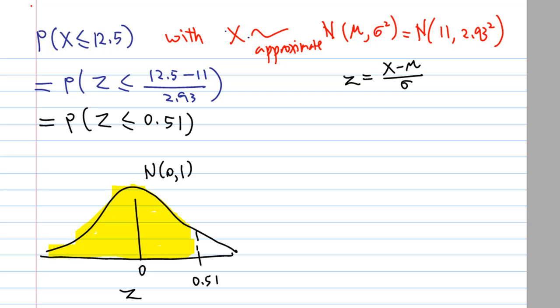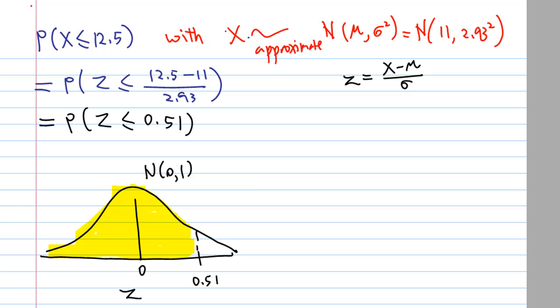Let's use the normal approximation now. So if mu is 11 and sigma is 2.93, the probability of x less than or equal to 12.5 is equal to the probability of z less than (12.5 minus 11) over 2.93, where z equals (x minus mu) over sigma, and we find this is the probability of z less than or equal to 0.51.